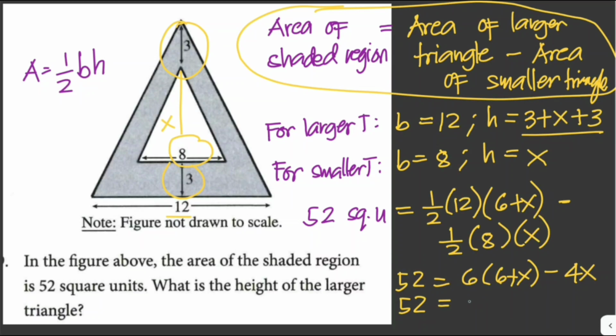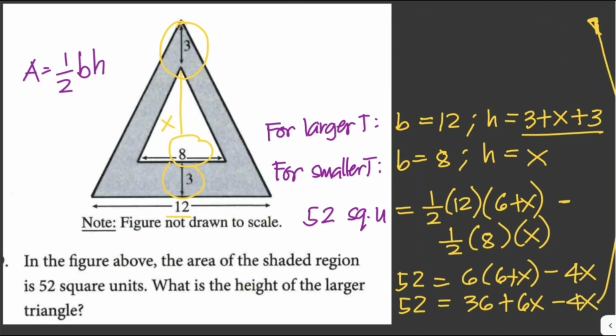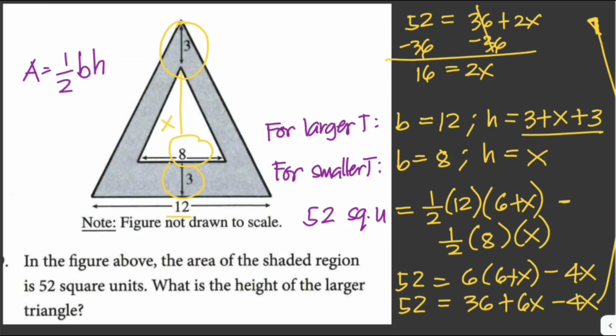Simplifying further, this is 6 times 6, 36, plus 6x minus 4x. And this becomes 52 equals 36 plus 2x. Subtracting 36 from both sides, 52 minus 36 is 16, equals 2x, and dividing both sides by 2, x is just equal to 8.